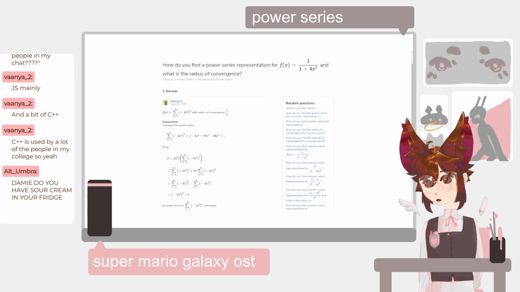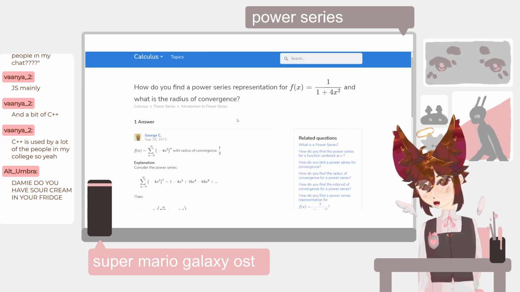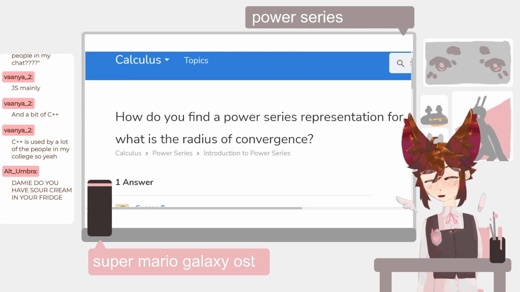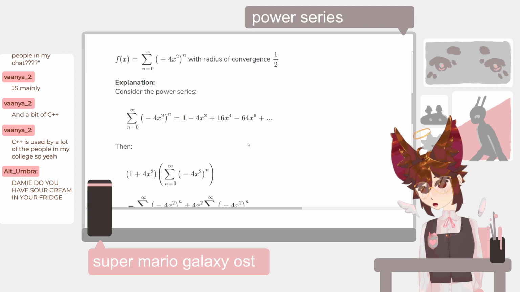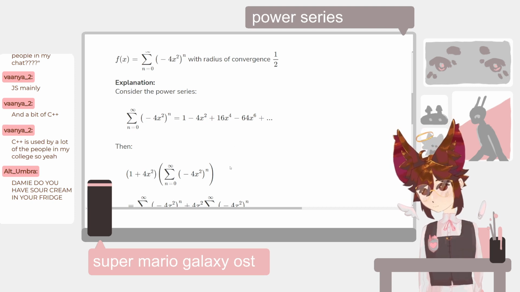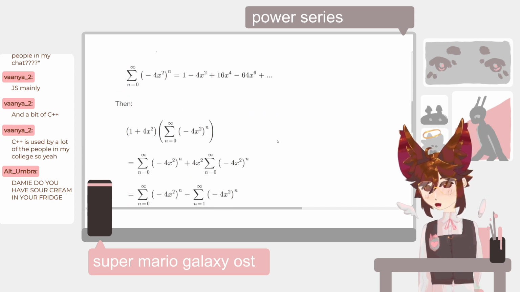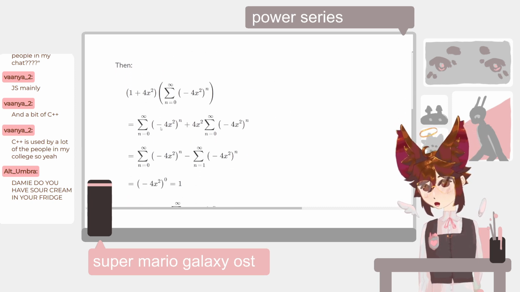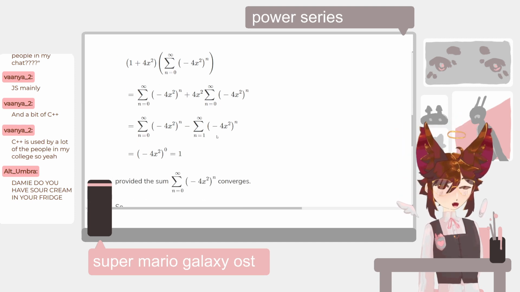In what world is this what you do for power series? Look at this. Okay, you can consider this power series, then multiply it by 1 plus 4x squared. Then you get the power series plus a different power series. What is this?